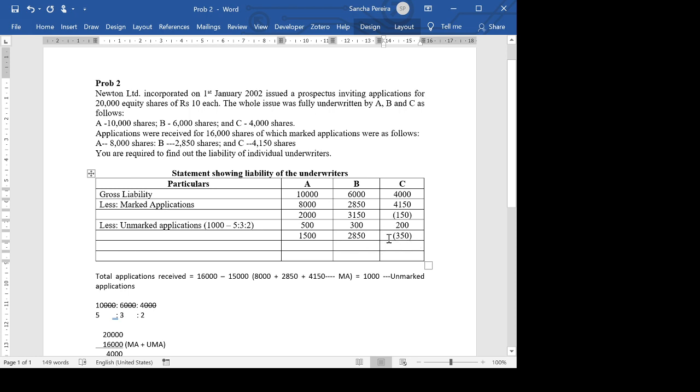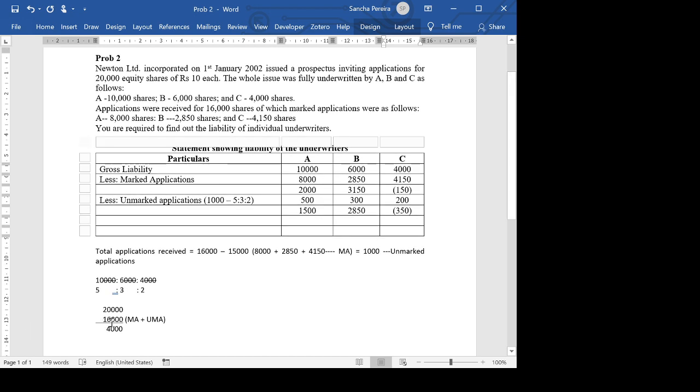Now, before we find out the final answer, we have to deal with the surplus of C. We have minus everything. What we were supposed to minus, 16,000, we have already minus 16, marked plus unmarked. 15,000 plus 1,000 is already minus. So now how do we divide this 4,000? Before we go to that, we need to divide this surplus.